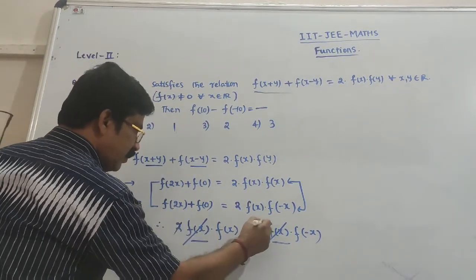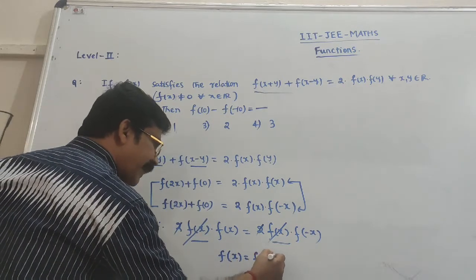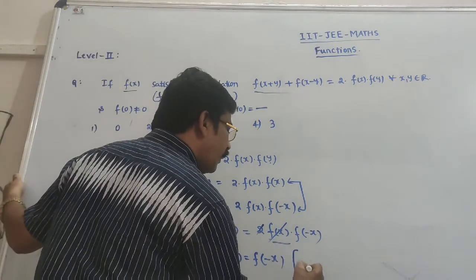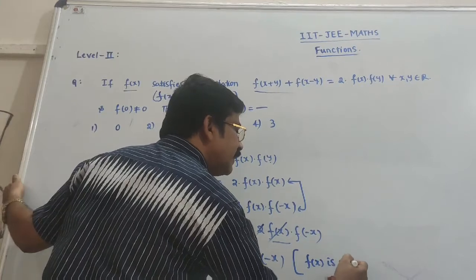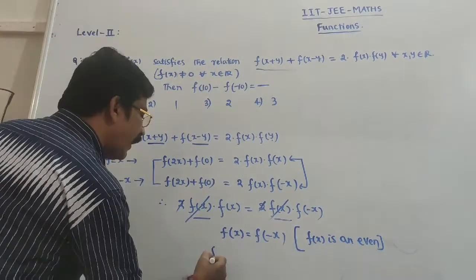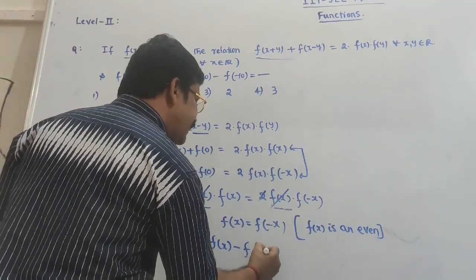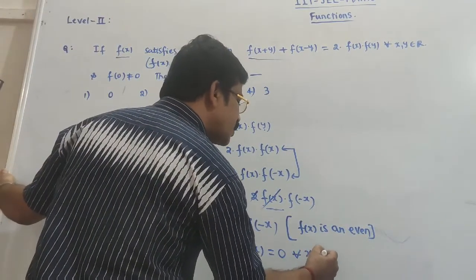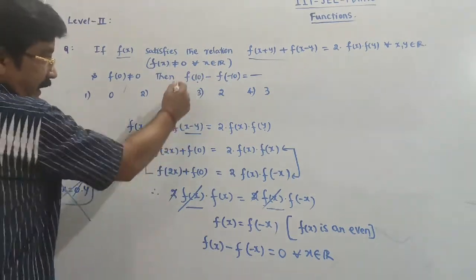So the 2 cancels, and it remains f of x equal to f of minus x. Of course, this is the definition of an even function. So here f of x is an even function, so f of x minus f of minus x equals 0 for all x belonging to capital R. So we put x equal to 10 for the given question.